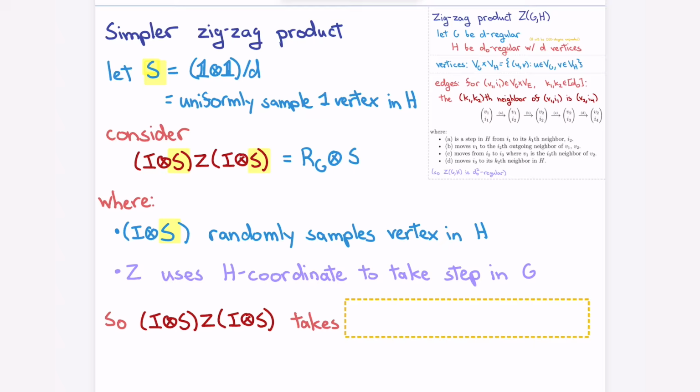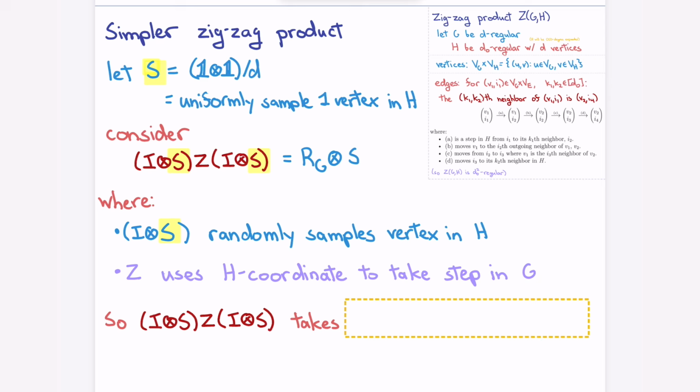So this would just be sampling a completely random vertex in H, and then Z will use that coordinate, you got to go somewhere, right? So how can I think about this? I take a completely random vertex in H, then I follow the zigzag product, and I go to that neighbor in G.